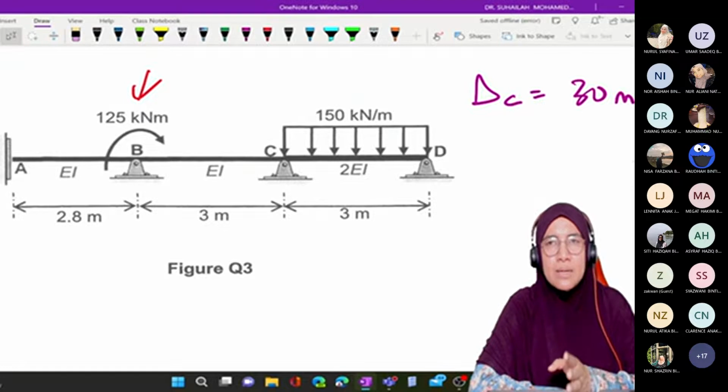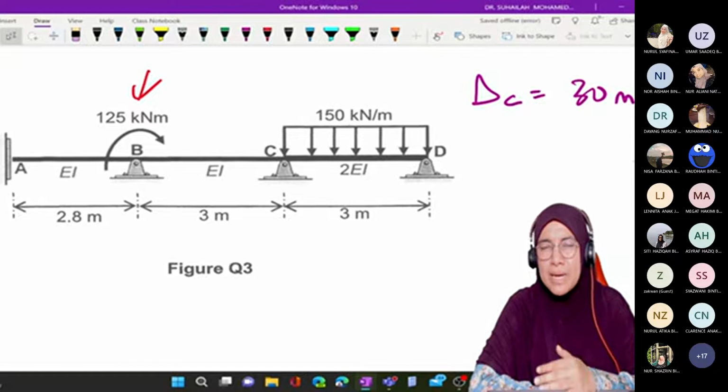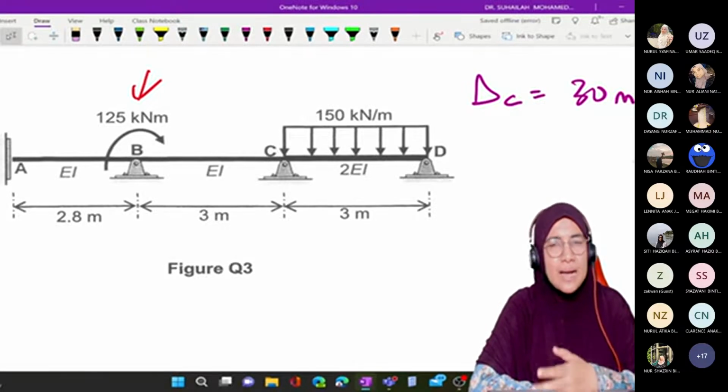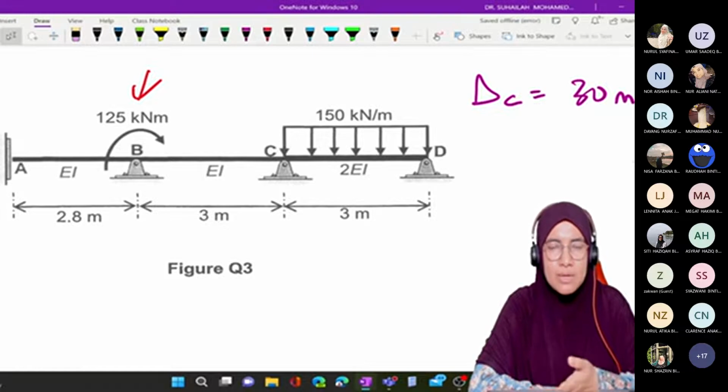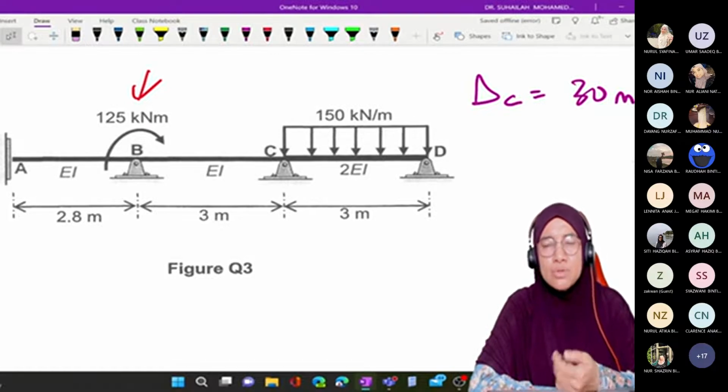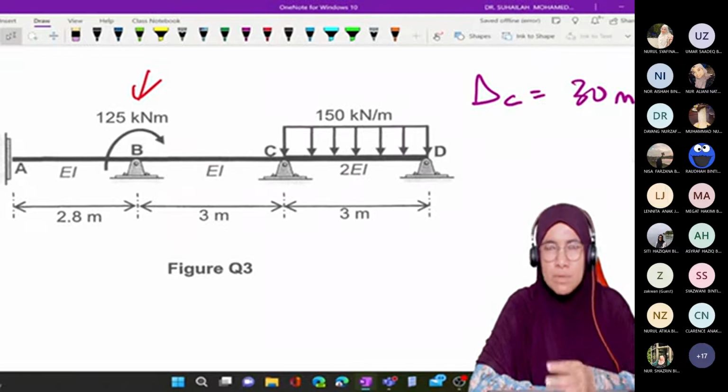So as I mentioned, in beam analysis we can combine FEM. We can calculate FEM due to external loading using a formula, because the loading, P and W, we know from the question. We can also calculate FEM due to support settlement, because the value of settlement is always given in the question, directly from delta.